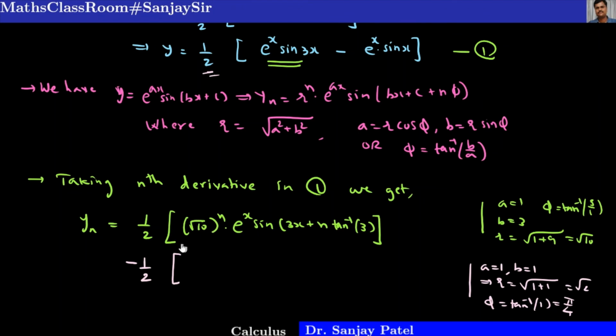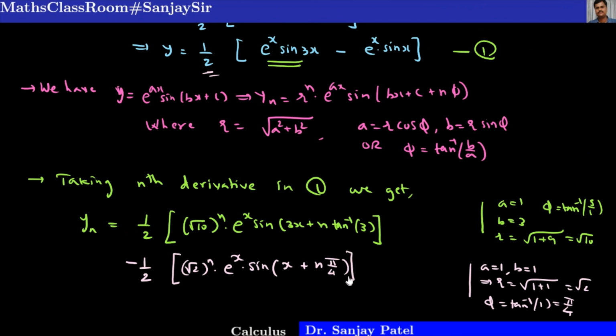So for the second term, I can write it as r raised to n, that is root 2 raised to n, into e raised to x as it is, into sin(bx plus c), that is only x, plus n times phi, where phi is pi by 4.